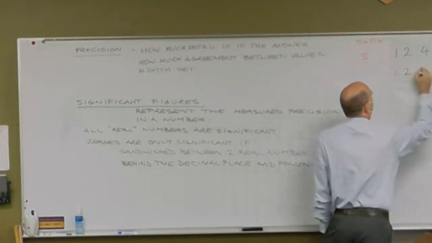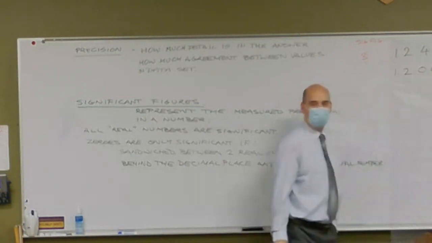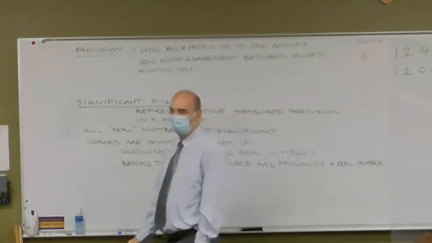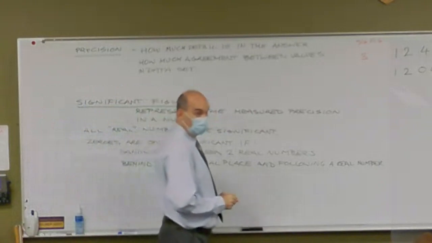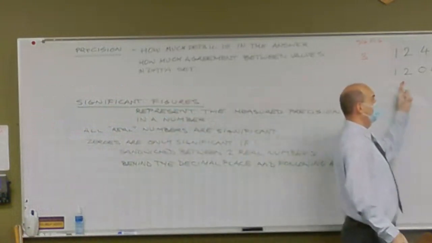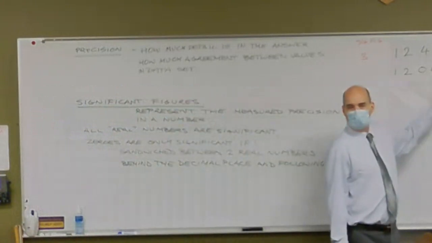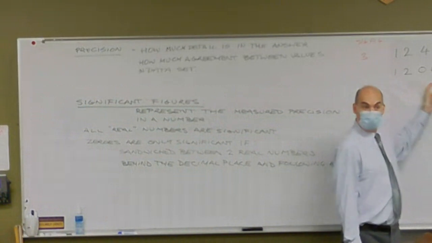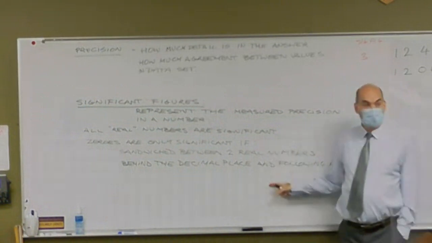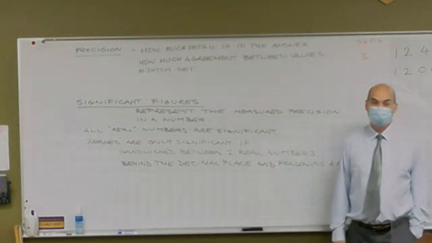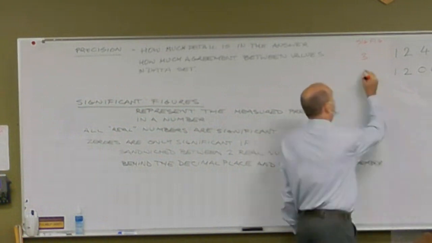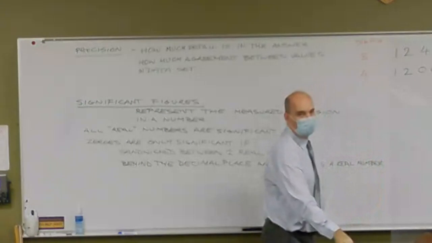What about that number? 1,204. That's 4 significant figures. It has a real number, there's a 0, and a real number. This leads me back to these two clauses. Is the 0 between two real numbers? Yes, it is. Okay, so it counts. That has 4 significant figures.